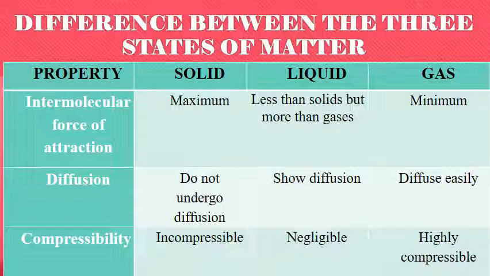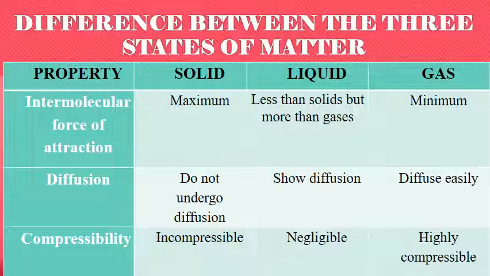Intermolecular force of attraction is also known as interparticle force of attraction. It means the force of attraction existing between any two particles, more specifically neighboring particles, in a substance. So in solid it is maximum, in gas it is minimum, and liquids lie between solid and gas. The next property, diffusion.